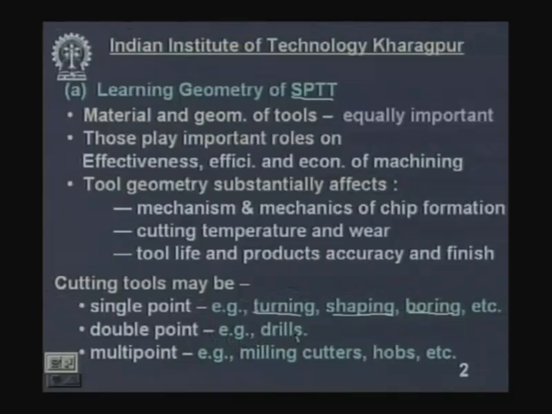For example, drills. Then multi-point cutting tool, where the cutting tool has a large number of cutting edges. For example, milling cutters, hobs for cutting the teeth of gears, gear shaping cutter, grinding wheel. Of course, in a grinding wheel, a large number of cutting edges are there, etc.